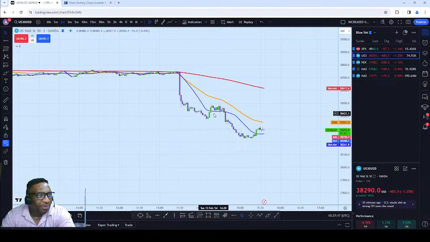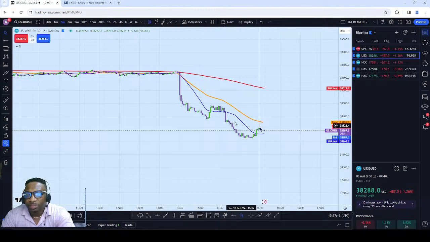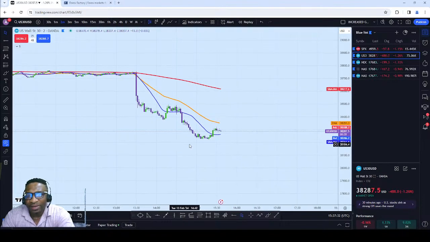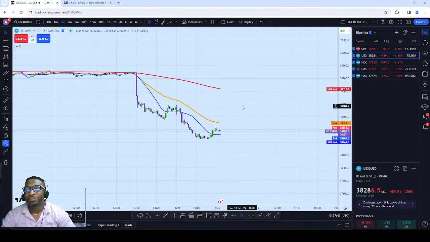So as we have here, it's been pushing down after this big push down. Normally after a move like this, you would expect price to consolidate for some time before you see another big move. I suspect that is exactly what might happen here. Price will find a place to consolidate.